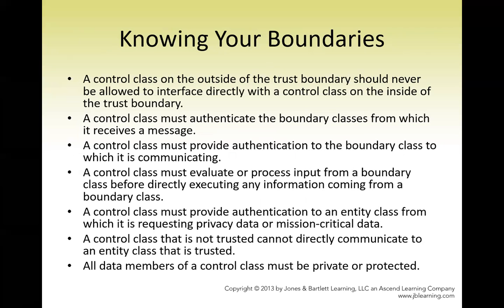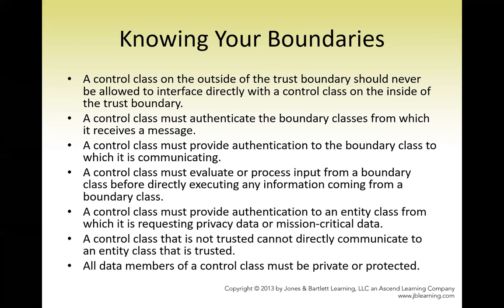A control class on the outside of the trust boundary should never be allowed to interface directly with the control class on the side of the trusted boundaries. A control class must authenticate the boundary class from which it receives the message. A control class must provide authentication to the boundary class with which it is communicating. A control class must evaluate or process input from a boundary class before directly executing any information coming from it.